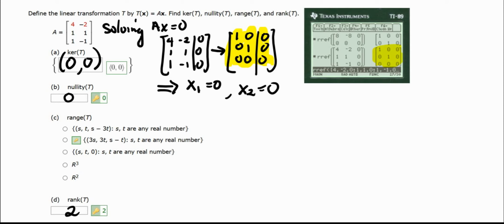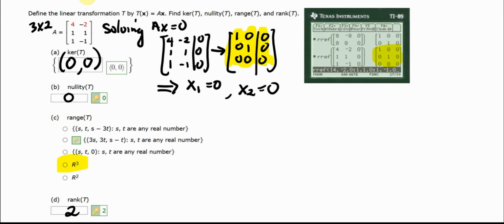Now the issue that I had here, this matrix is a 3 by 2. Obviously you have to multiply it by a 2 by 1, where the range value would be a 3 by 1.